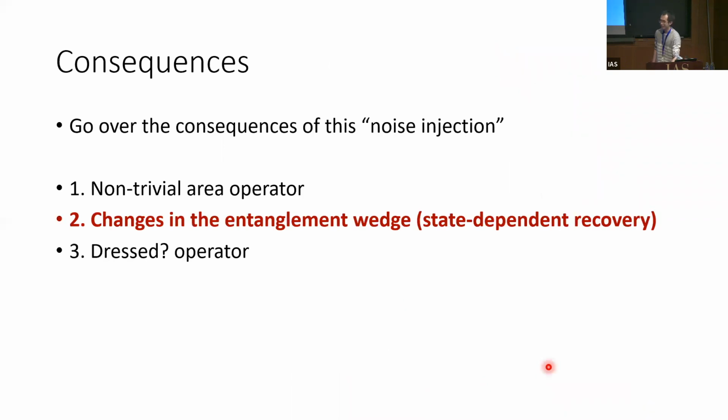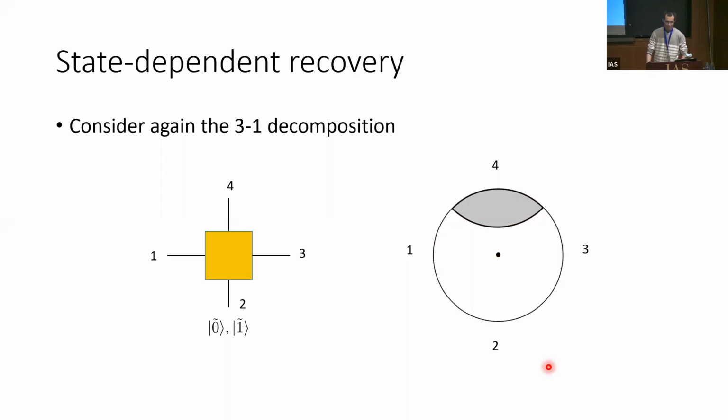The second one has pictures. So there's also a degree of state dependence once you introduce this noise into the system. For instance, if your logical state is fixed in the 0 or the 1 state, like the one over here, which I'm going to denote using this yellow square, you can try to do reconstruction.